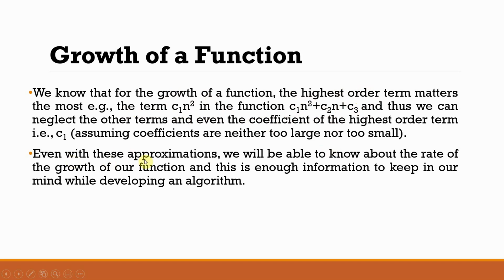So even with these approximations, we'll be able to know about the rate of growth of our function, and this is enough information to keep in our mind while developing an algorithm. We are doing a lot of approximations. We are ignoring multiple terms, right? But even with those approximations, big O notation or asymptotic dominance provides a relatively good mechanism to compare different algorithms.